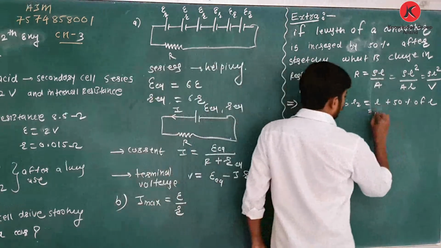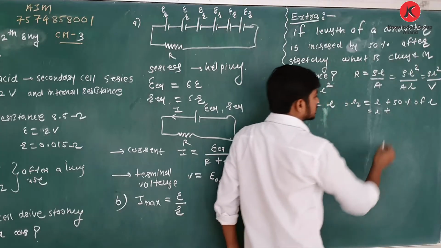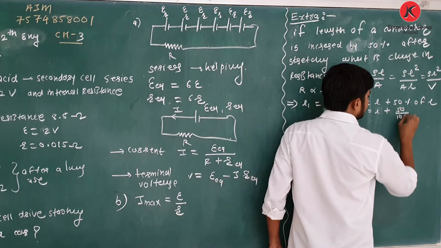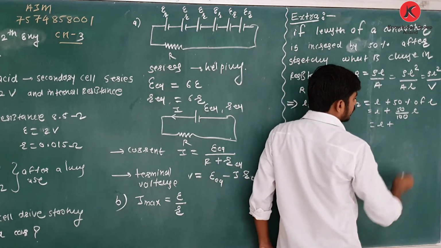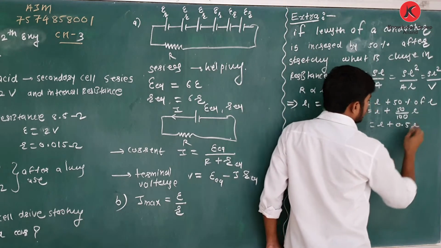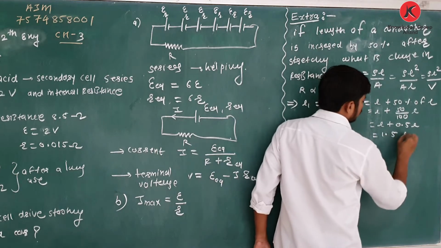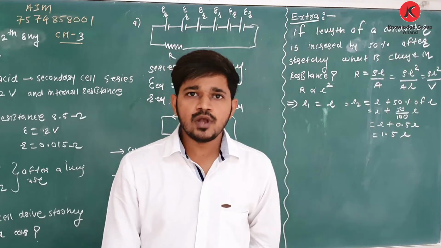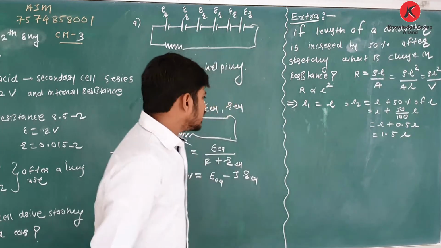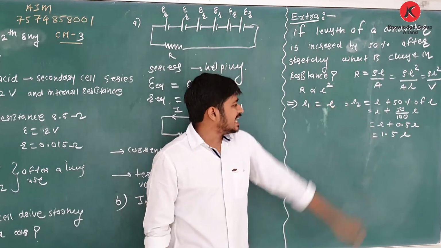So L2 is equal to L plus, how to convert this percentage? You know, it is 50 divided by 100 into L. Then it is L plus 0.5 L, means it is 1.5 L. Clear about this?